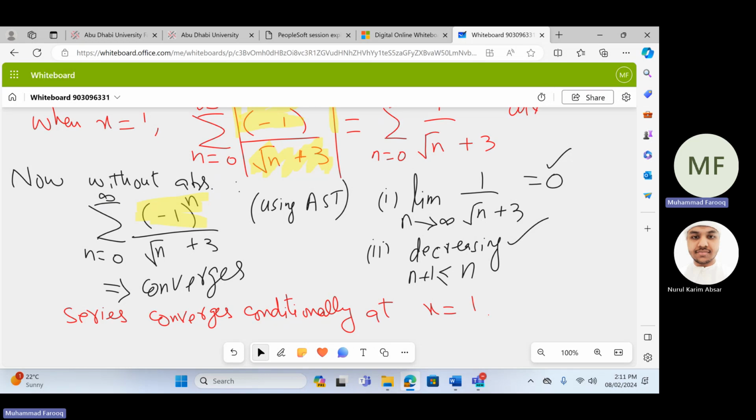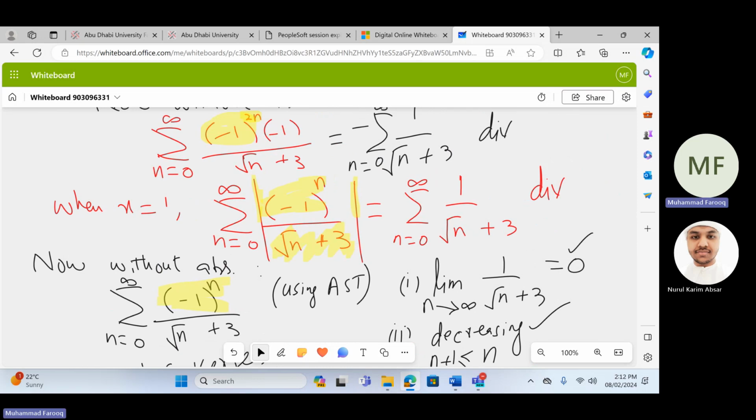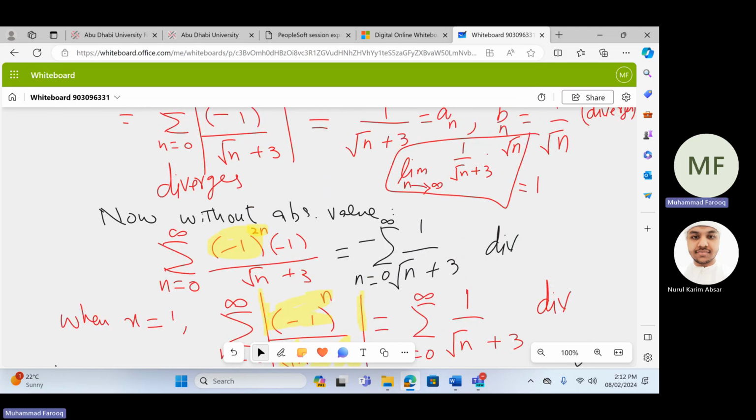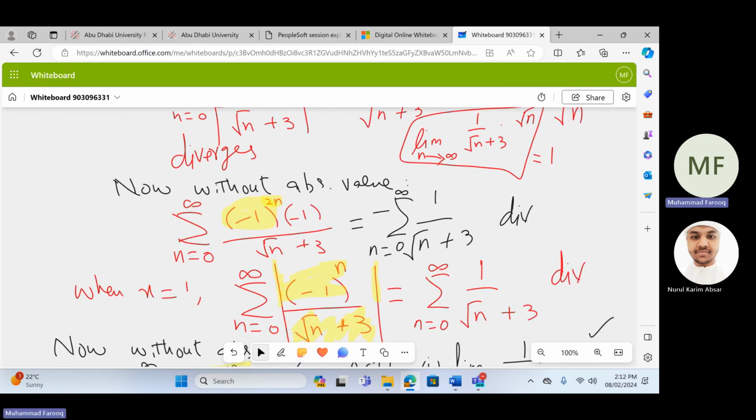Checks for x equal to 1. Can we consider the negative sign outside? No, it is not coming outside. When you put 1, now x is 1, not minus 1. So x here is 1, so 1 power n plus 1 is a constant, I put it outside.